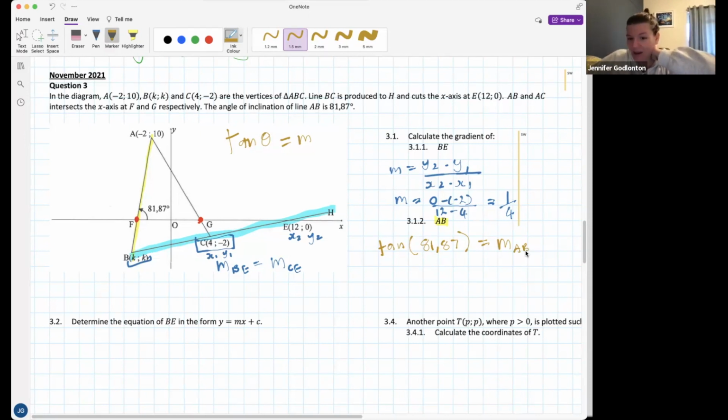Tell me what our gradient is going to be. You can round it off to 2 decimal places, or even to a whole number. Yes, glorious. If you pop this into your calculator, you should get 7,00 something. So we can just say that our gradient is equal to 7. Done. Easy peasy.